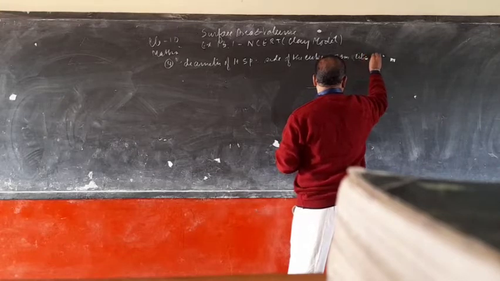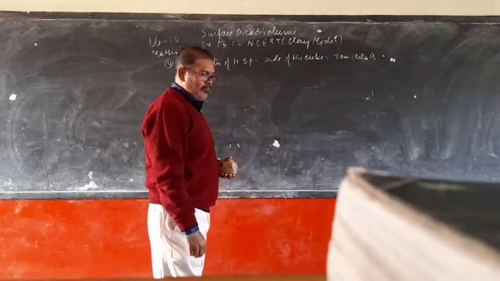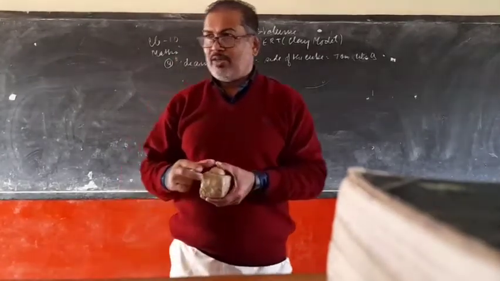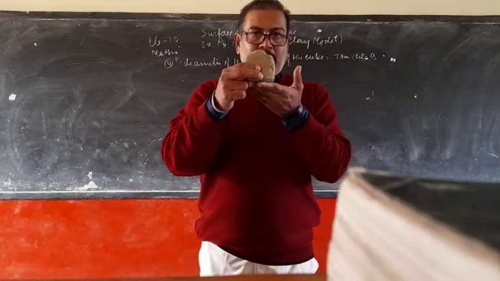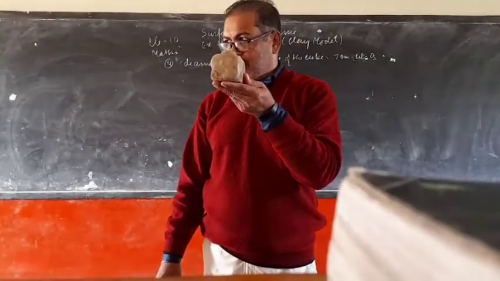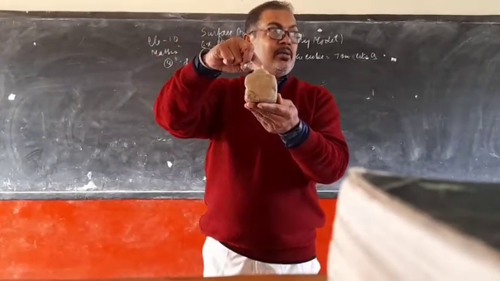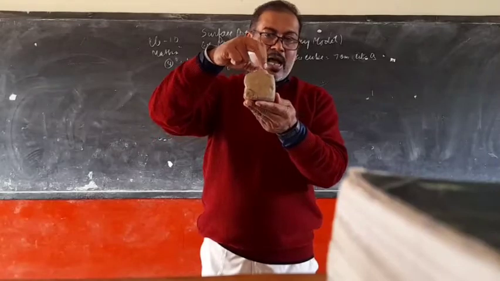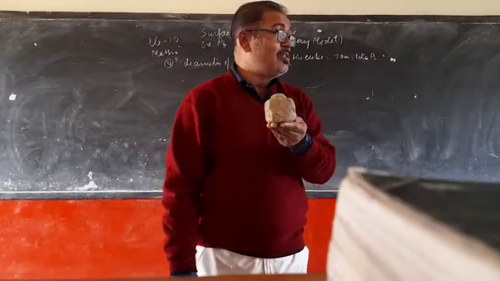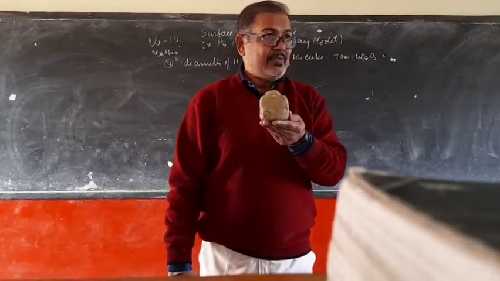So first we generate a formula. Now we have to find what, children? The surface area. Now try to understand. Here is your question, the clay model of the question, that a cube is surmounted by a hemisphere, and we have discussed and finalized that the diameter of the hemisphere is equal to the side of the cube, that is 7 centimeter.